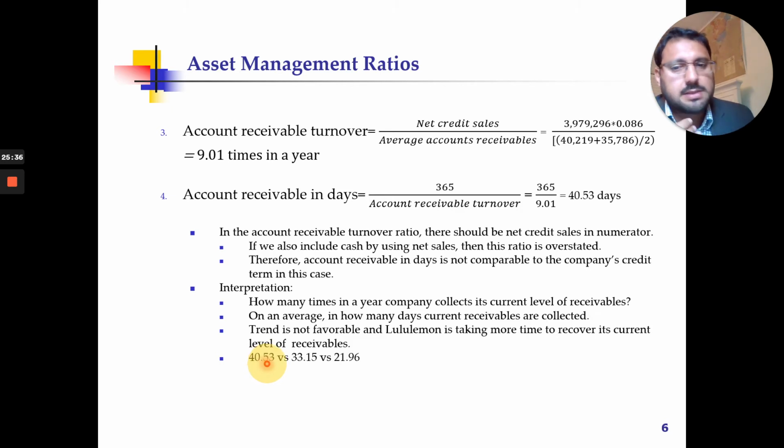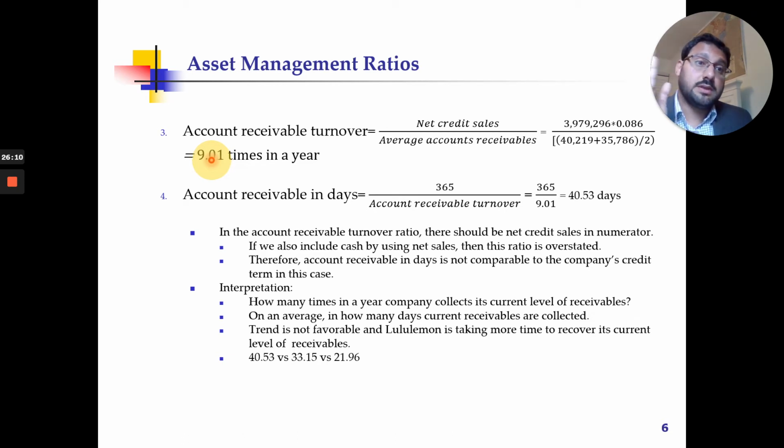I went into the numbers, and it clearly shows me that this ratio, first to begin with, is decreasing, because the number in the denominator is increasing. They are able to collect the current level of receivables fewer times in a year. Last year it was actually 11, so it's not such a big change from last year.